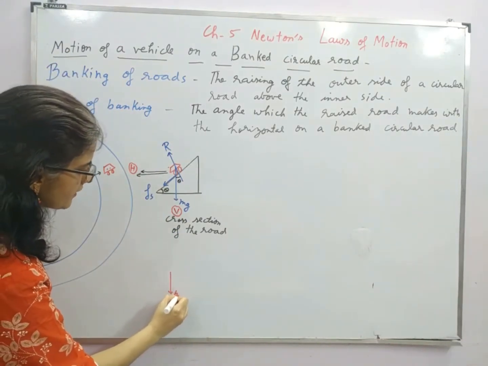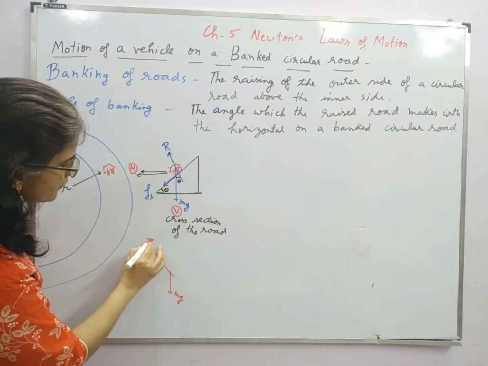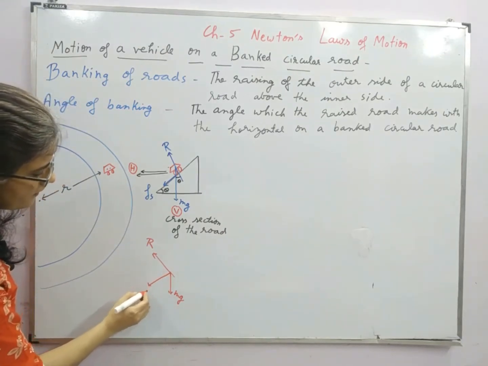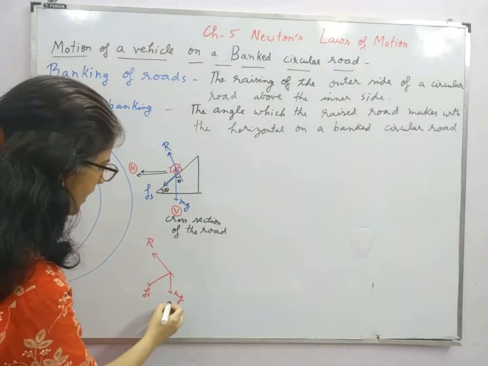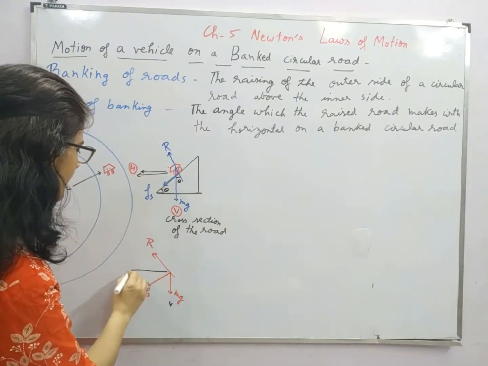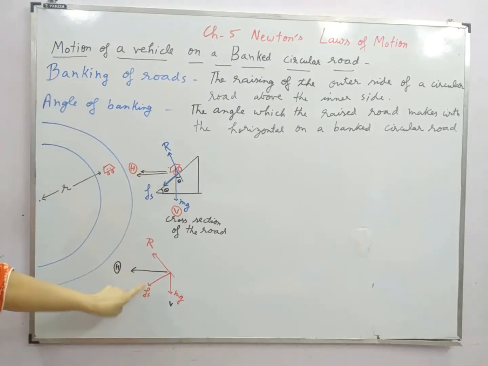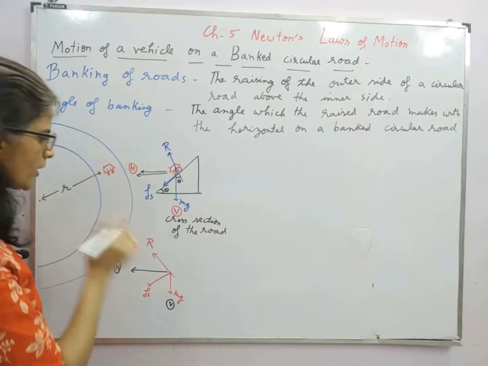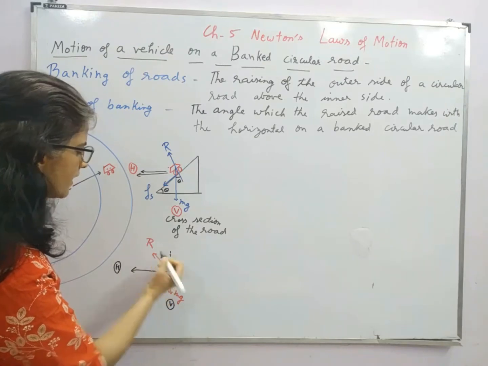The mg force is acting this way, the normal reaction force is acting this way, and the friction force is acting this way, right? I'm considering this as vertical and this direction as horizontal. So I need to find the components of friction and normal reaction along horizontal and vertical, right? The components of mg I don't require. Now if we look at the angle beta, I need to find this angle or this angle for the normal reaction.